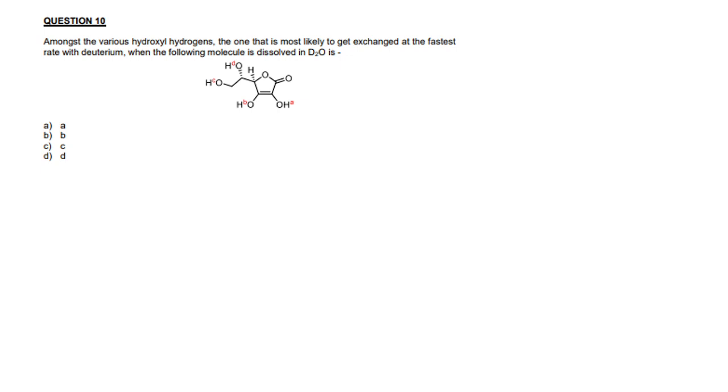Option B, sir. Option B means hydrogen B. Okay, so let's remove all of them and see which one is more acidic.